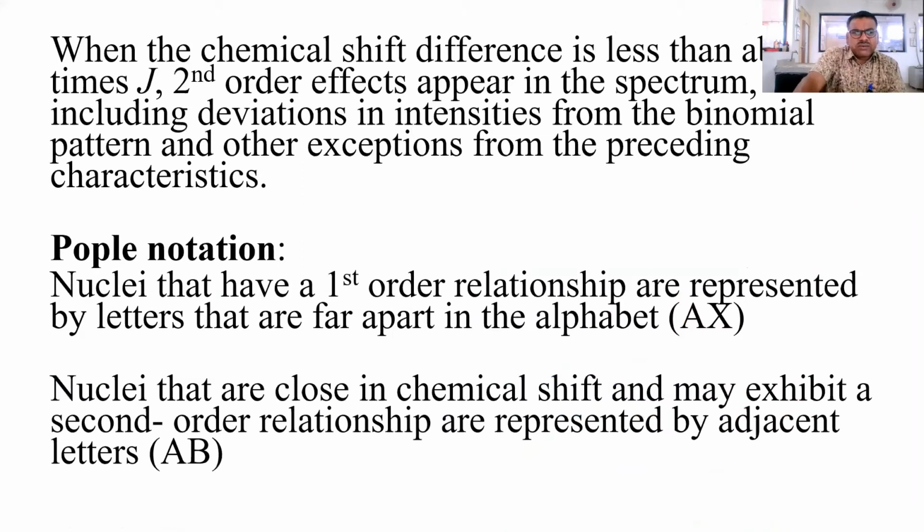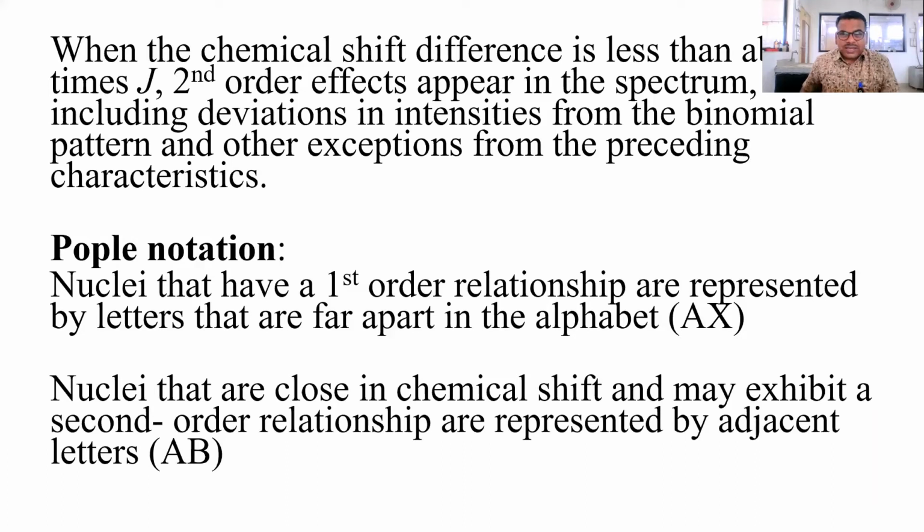Now see here, when the chemical shift difference is less than about 10 times J, the second order effect appears in the spectra. When is first order obtained and when is second order obtained? In first order spectra, the chemical shift difference is greater than about 10 times J. About 10 times J means what?